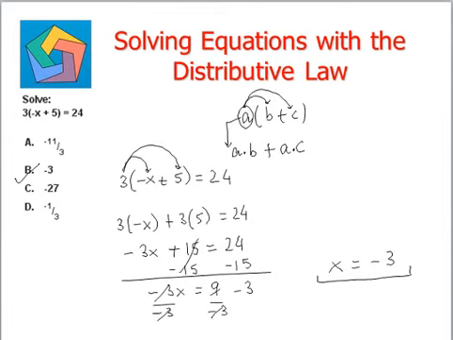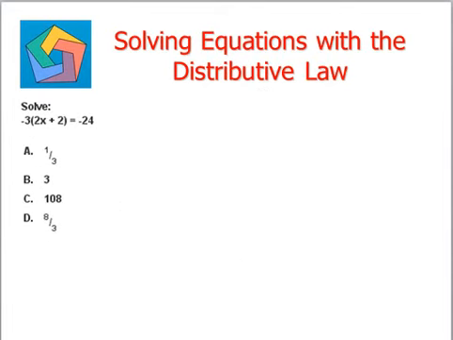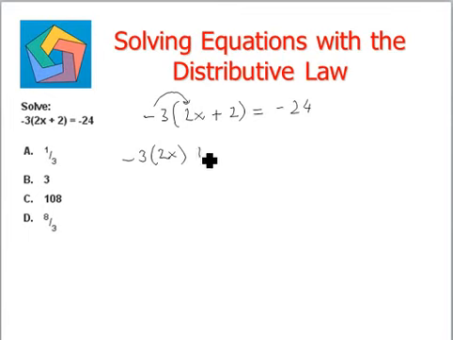Let's try the next question. Solve negative 3(2x + 2) = negative 24. So we'll apply the distributive law, that is negative 3 is first multiplied with 2x, plus negative 3 is then multiplied with 2, equals negative 24.